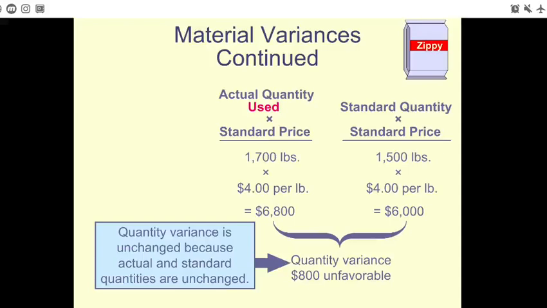So the material quantity variance is $800 unfavorable. Remember, when you calculate the material price variance, you use purchase quantity. When you calculate the material quantity variance, you use the quantity used in the production.